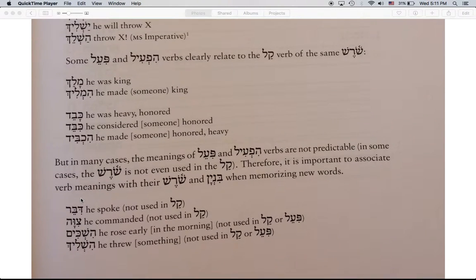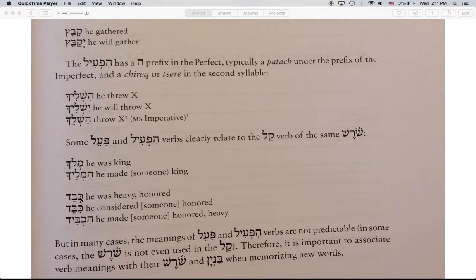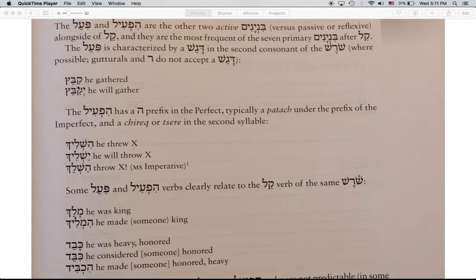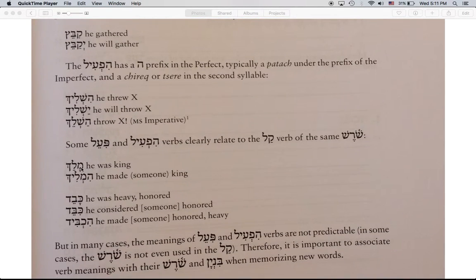So when we're discussing piel and hiphil, we need to remember that the vowels are going to be changed. The doubling, the dagesh, in the second letter of the root is characteristic of piel. The added hey and the hireq yod, or the tsere, after the second consonant is characteristic of the hiphil.